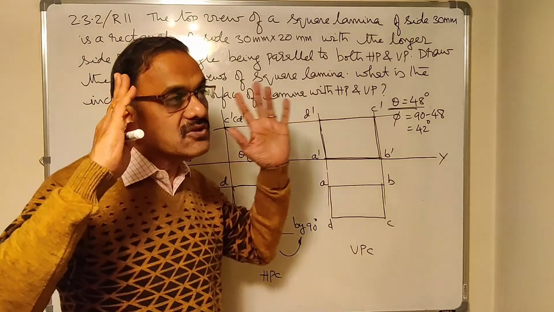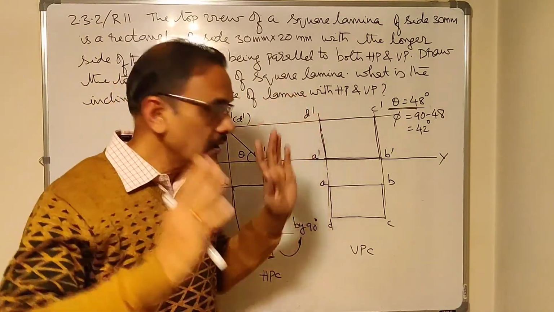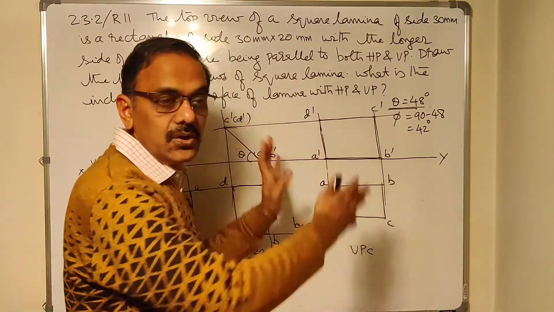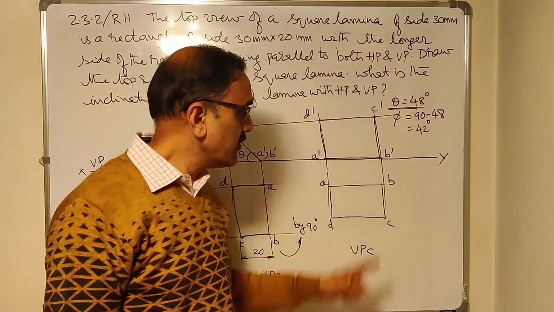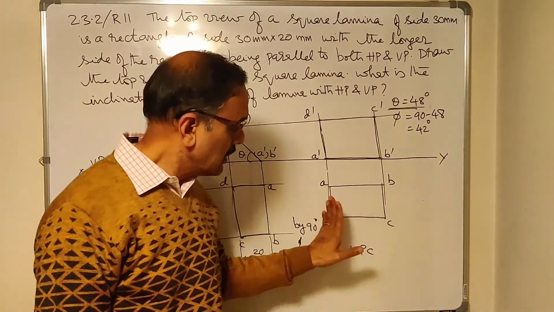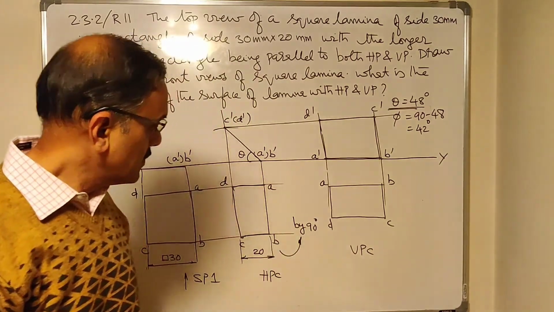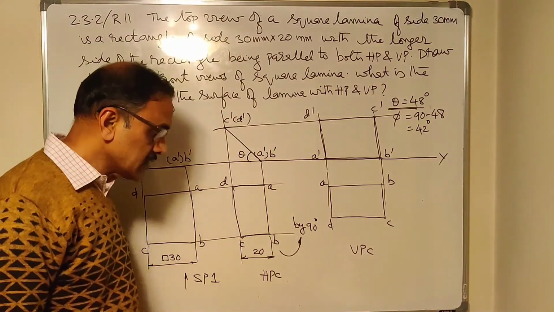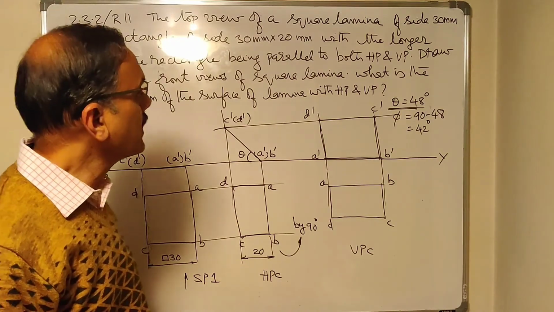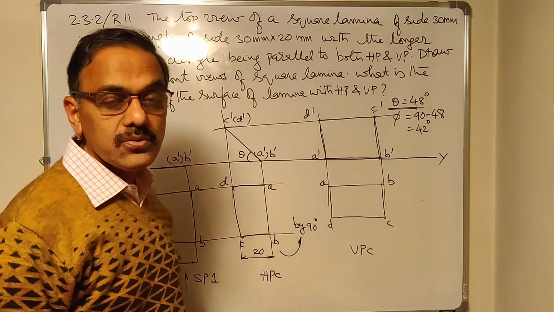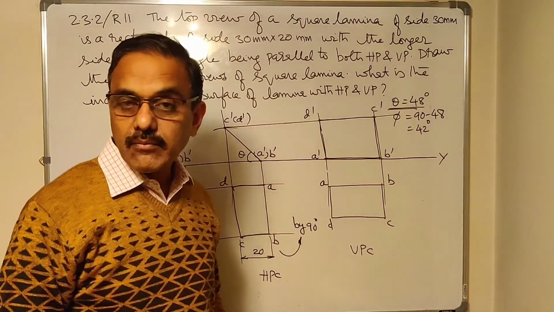Though you are not able to visualize the 3D scenario, even looking at this you can say that phi is 90 minus theta under the given conditions. So that's about the second problem. We will move to the next problem, the last problem in drawing number 6.